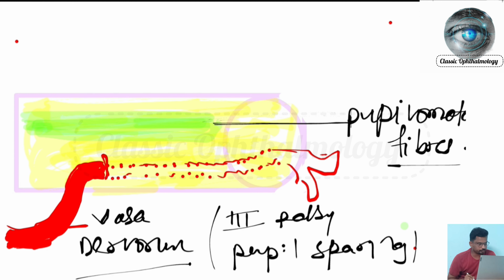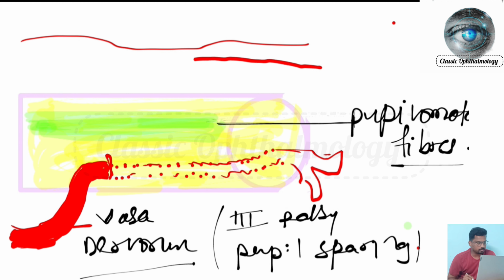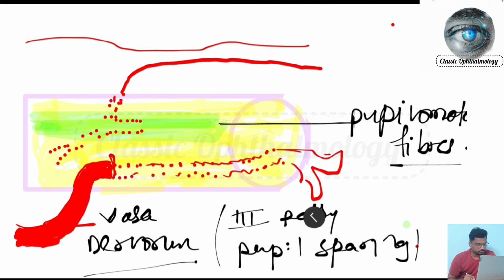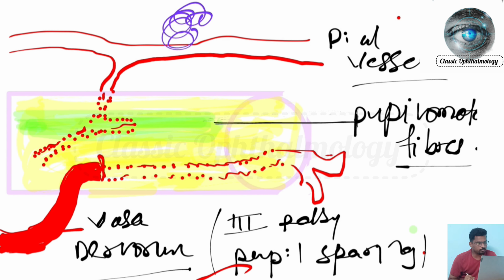Now the pupillomotor fibers are superficial fibers, and they get their blood supply from the pial vessels. Okay, pial vessels.